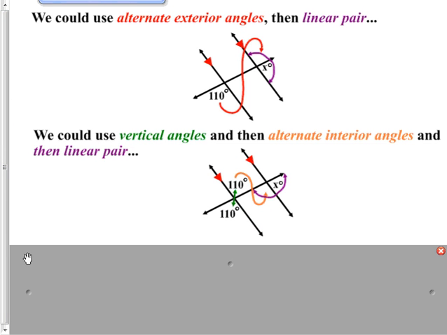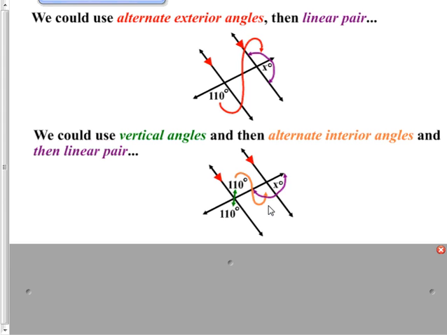Okay. We could also apply the vertical angles rule from where 110 degrees was. Remember, vertical angles are across from each other at the intersection, right there where my pointer's moving across. Okay, and then you could apply the alternate interior angles rule, which would move the 110 down here again. And then you'd have a linear pair once again with the x degree angle.